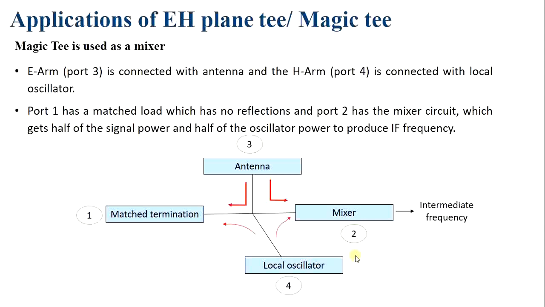So in this way the magic T can also be used as a mixer in order to generate the intermediate frequency, which is the difference between the input frequency and the oscillator frequency.